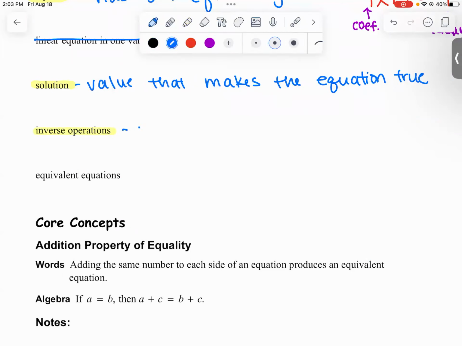An operation like addition, subtraction, multiplication, division, if they are inverse operations, they're going to undo each other. We're going to spend the next 5-6 minutes talking about what the inverse operations are. We're just going to dust those cobwebs out of your brain.